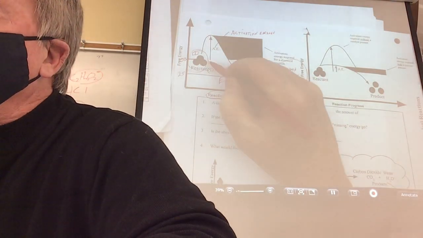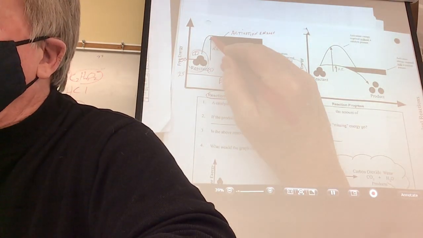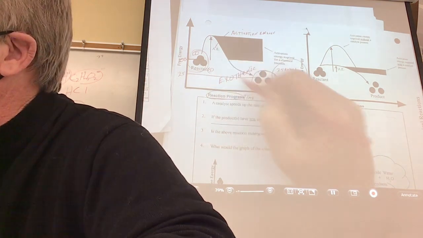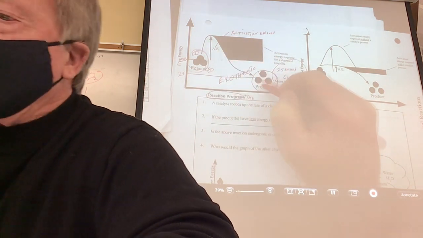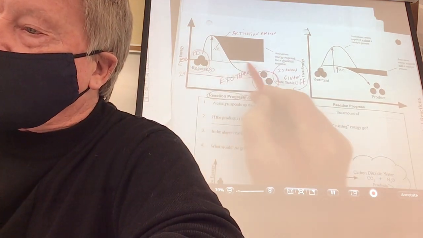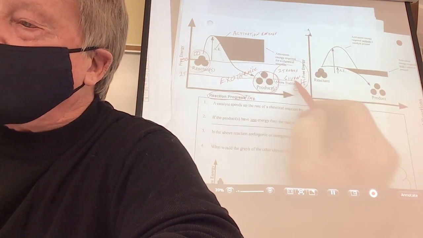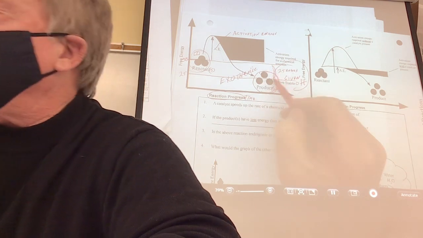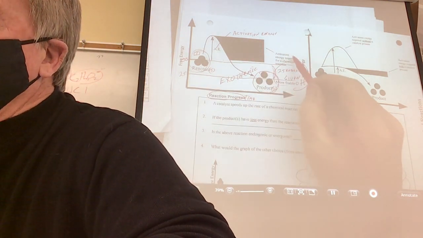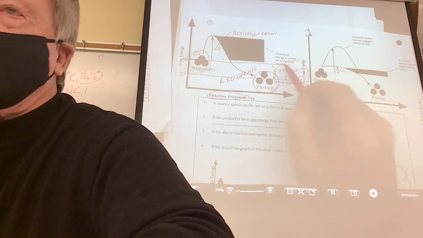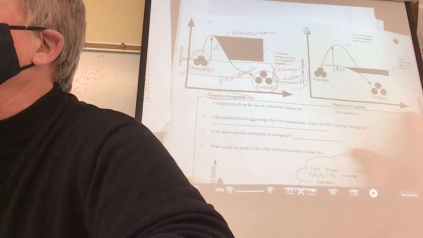I put energy in to heat them up, I got that energy back, and I lost more. I lost that amount of energy plus more. So the bottom line is, if you start at 100 and end at 25, you lost 25 units of energy. Some reactions require activation energy, meaning you do have to heat them, and you're going to do that.